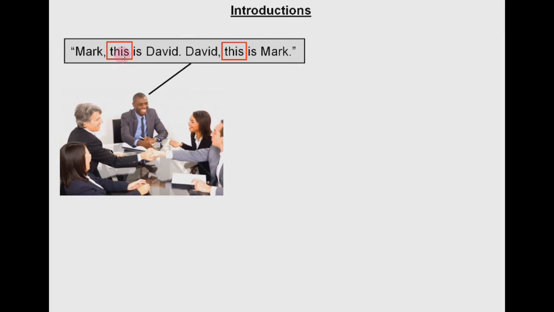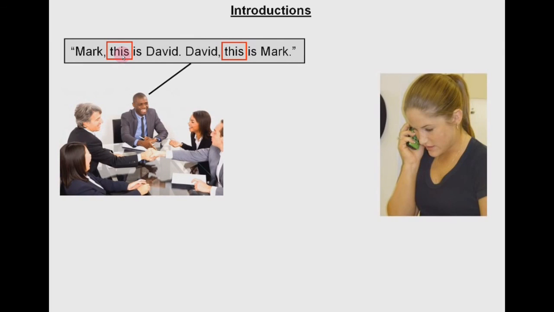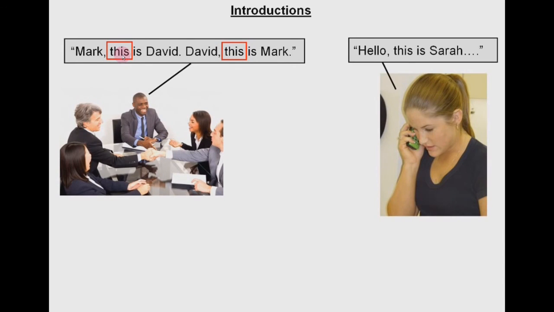So for introductions, we say this is. And it is the same on the telephone. So the girl is saying, hello, this is Sarah. She is introducing herself, and so we use the word this is.